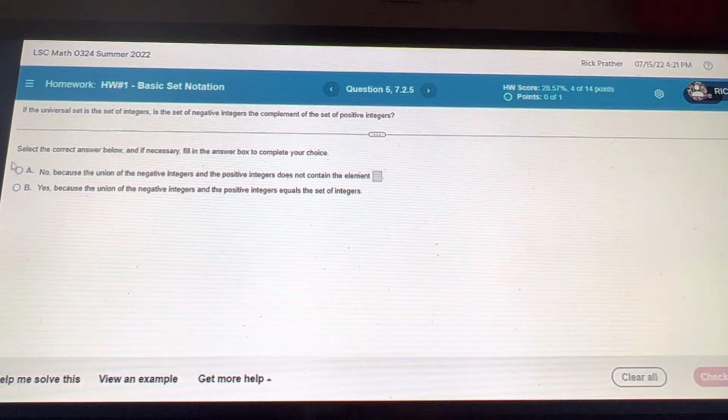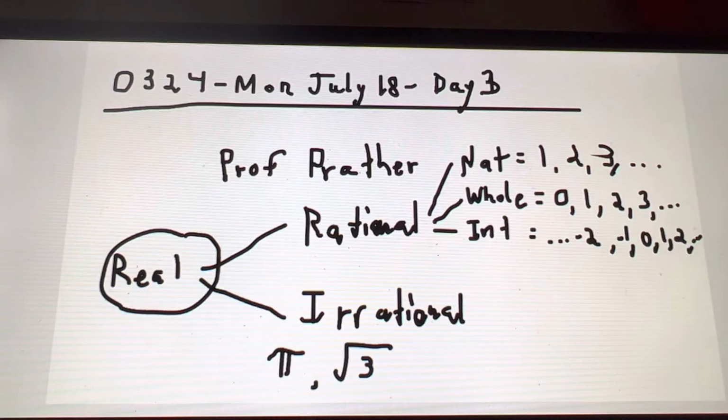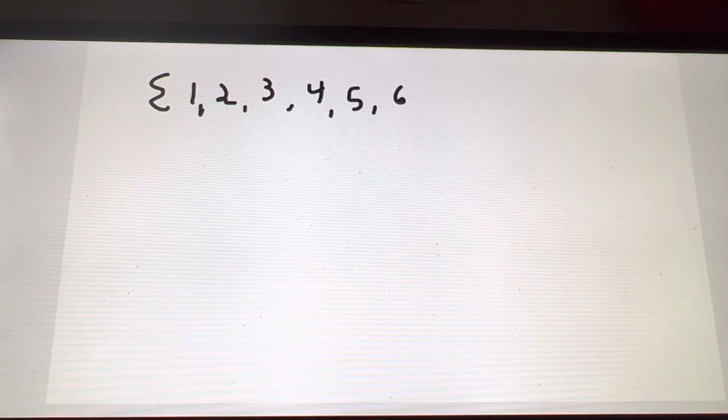Okay, select the correct answer. If the universal set is a set of integers, is the set of negative integers the complement of the set of positive integers? Okay, so a complement is when, and let's take a smaller thing here. If you have 1 through 8, for example, you can define your what they call universal set however you want.